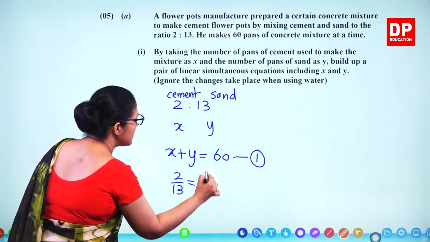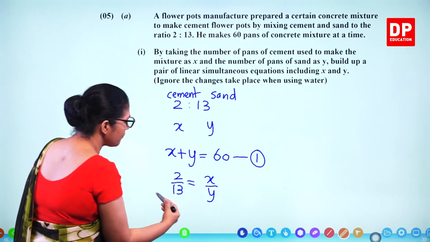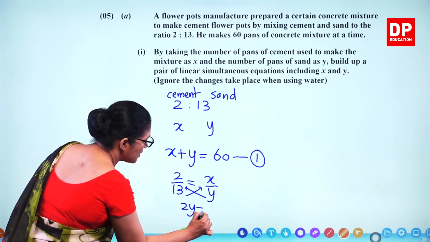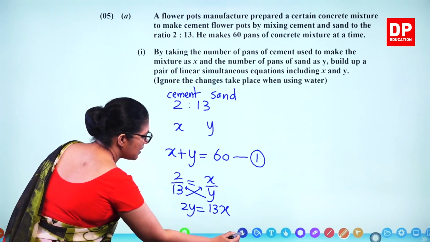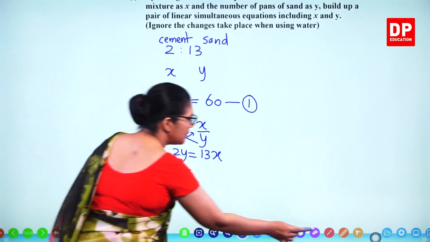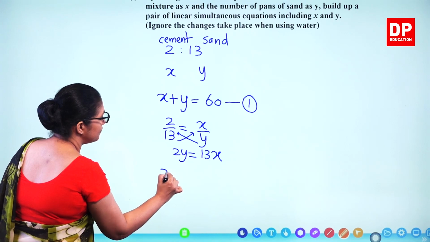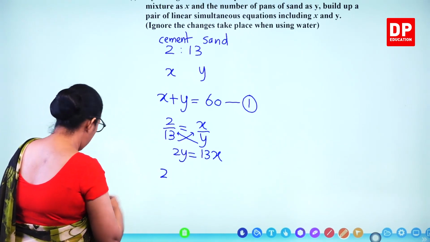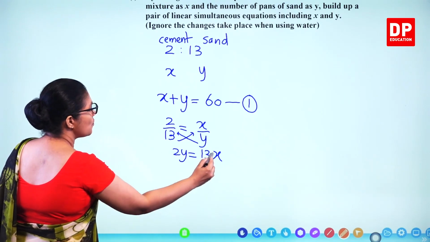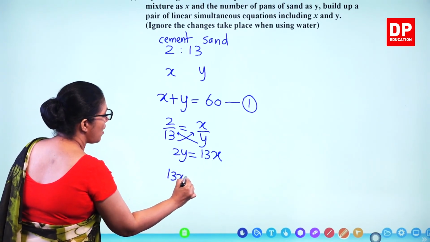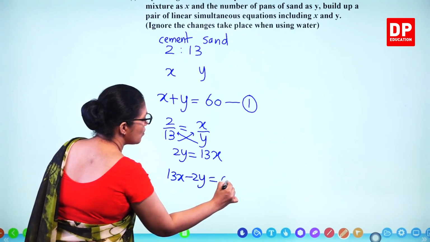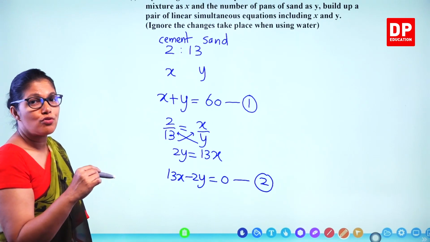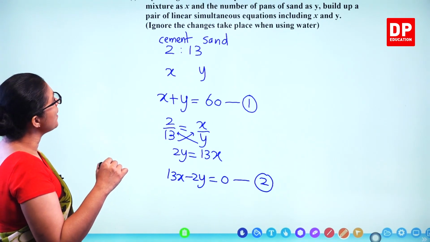That's the same as X over Y. When you cross multiply, you get 2Y equals 13X. Take all terms to one side. I'll write it this way: 13X minus 2Y is equal to 0. That's the second equation.